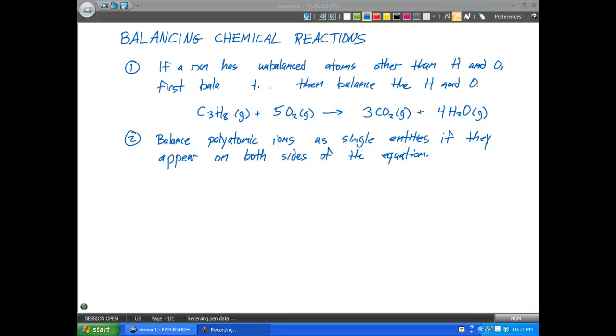So if we have PO4, we want to make sure that you consider that a single entity, because the phosphorus and the oxygen are not coming apart. They're going to stay together as that ion.